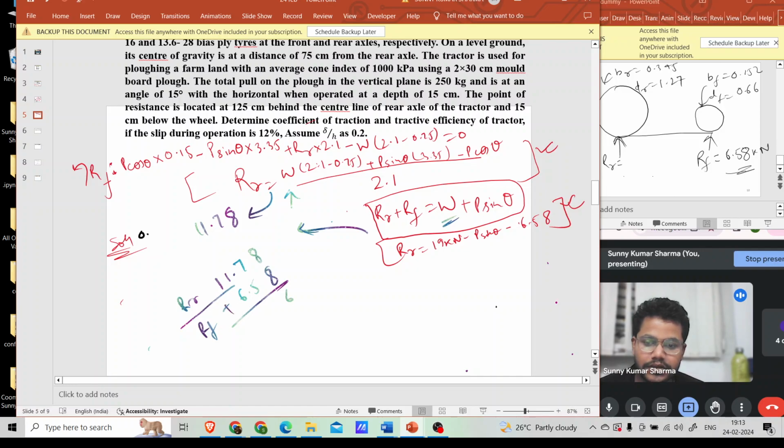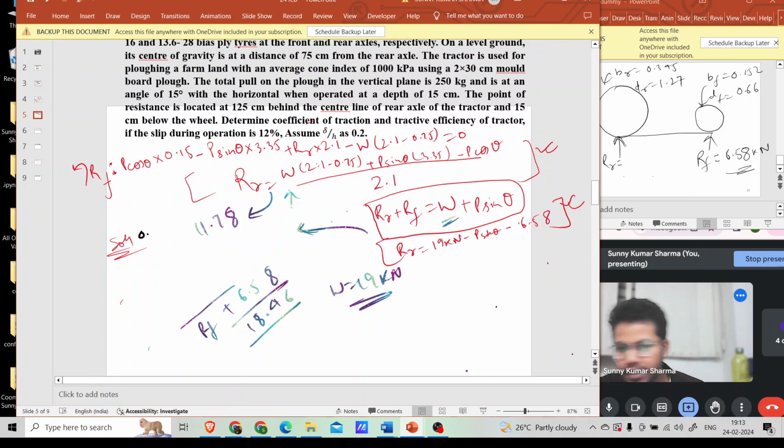If you do the addition, it is 18.46, and total weight W was 19 kN. It should be greater than 19 kN. The value which I have got is 13.06. You do your calculation again.